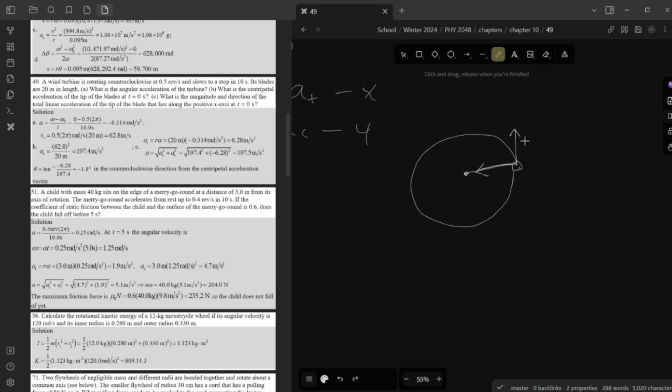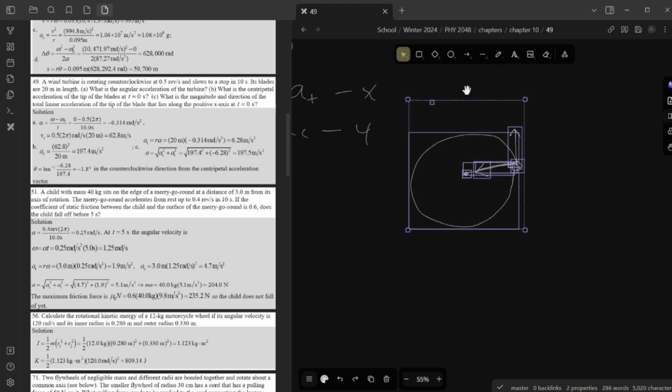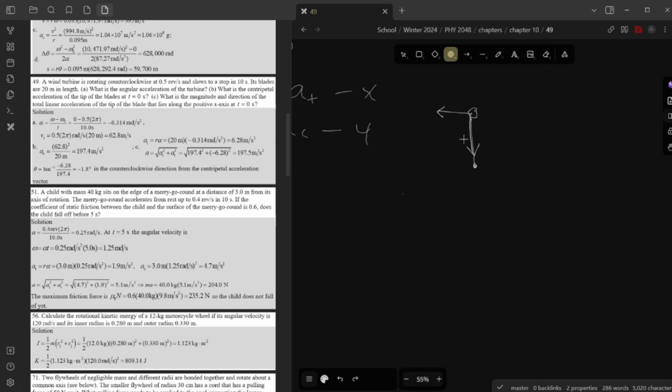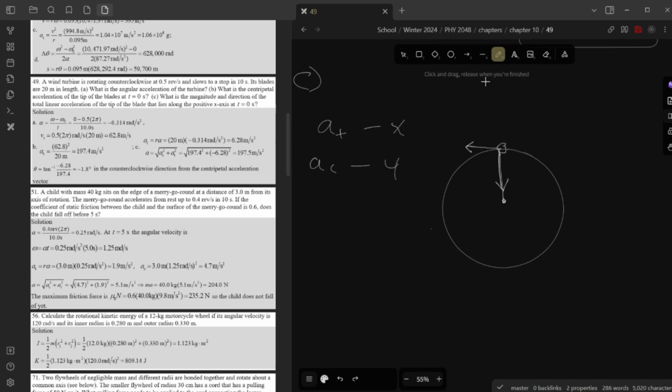So this would be, I mean, with this orientation it's kind of awkward, but let's say we rotate it like this. Man, that circle sucks, but just try that again. Okay, let's say rotate it like this, and now we can kind of see how if this is the a sub t right here, and this is the a sub c, you can kind of see how this is the x component, this is the y component.